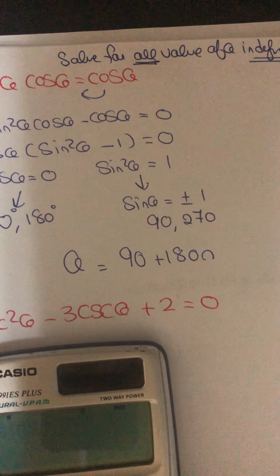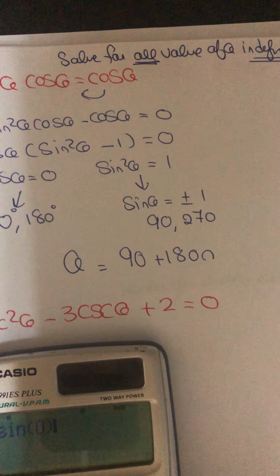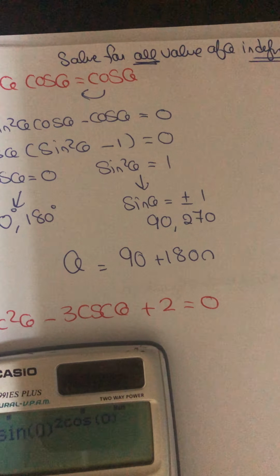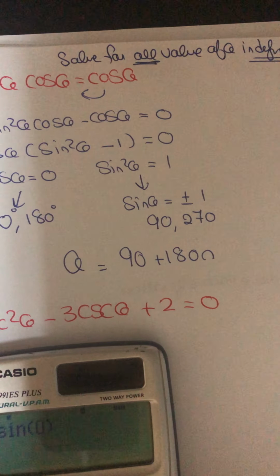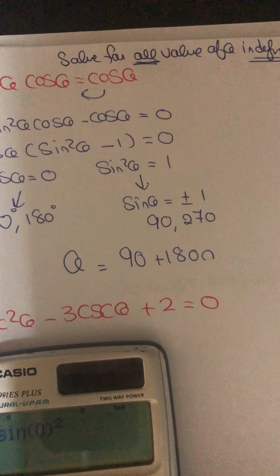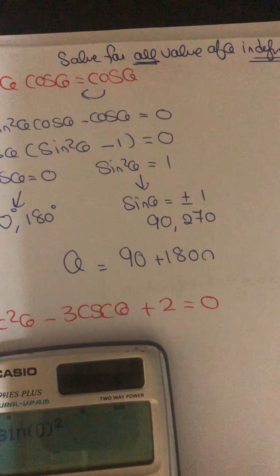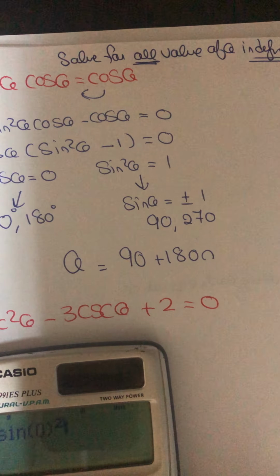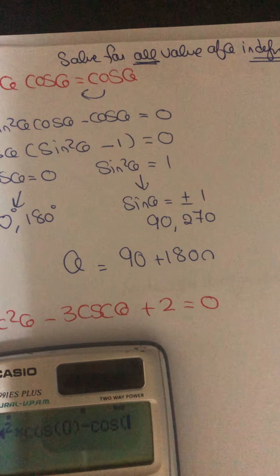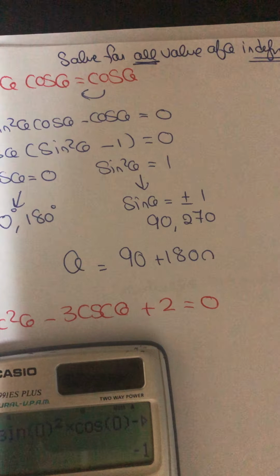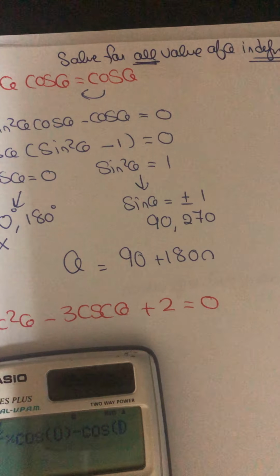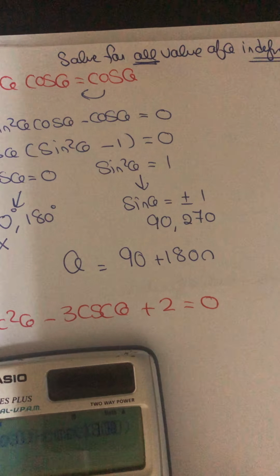Let me just try sine 0 squared times cosine 0, minus cosine 0, that's not equal to negative 1. 0 is not an answer. And if I try 180, I got them all to the left side, and I'm checking if they will equal 0 or not.